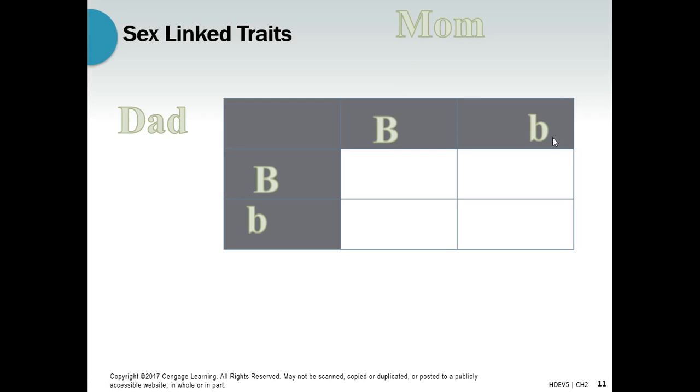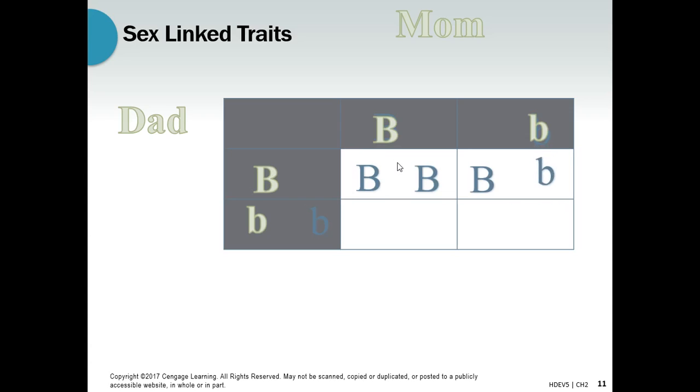And this is just kind of like a multiplication table. So you're going to take dad's uppercase B and mom's uppercase B, and you're going to put them together. There's dad's dominant trait and mom's dominant trait. And then for the next one, we're going to take dad's dominant trait and mom's recessive trait.